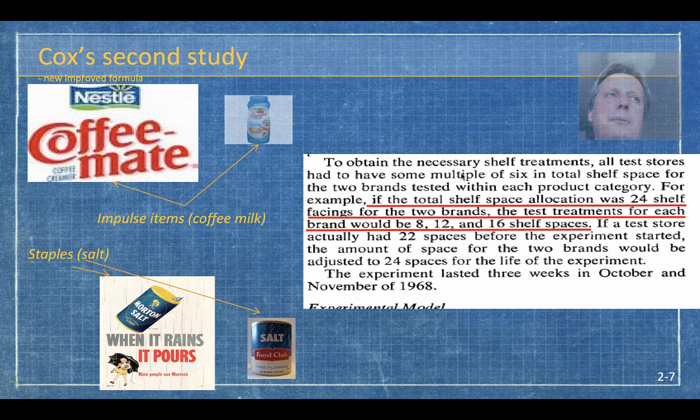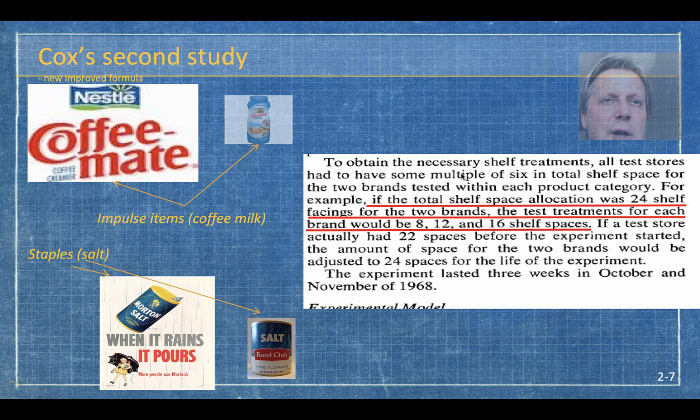So, okay, he didn't give up. He wanted to prove his point. So in the second study, he said, well, there are 2 factors that need to be taken into account. One is that the product category has to be somewhat impulsive, and it has to be a strong brand. So in this case, he said that coffee milk could be an impulsive product. Salt will not be impulsive.